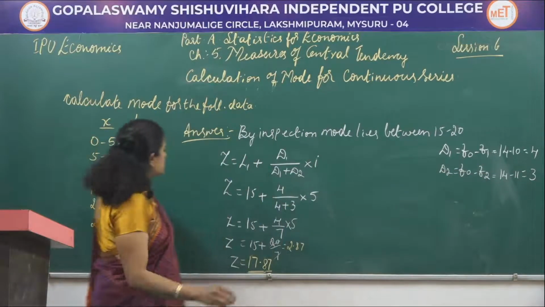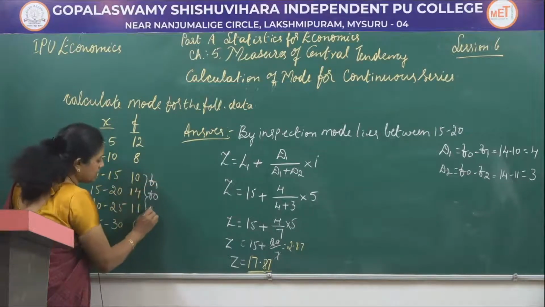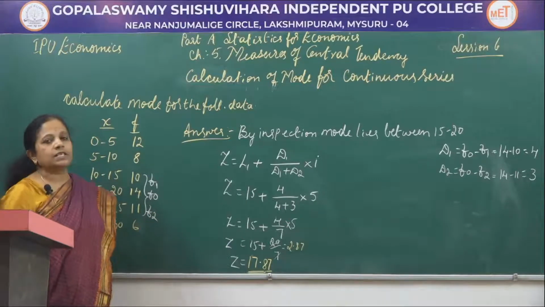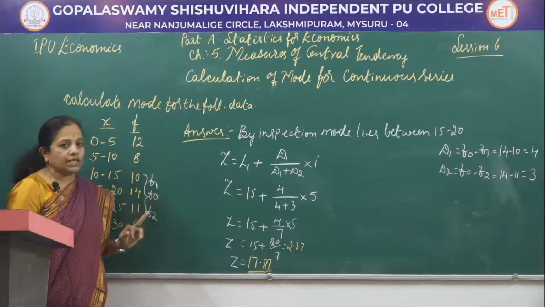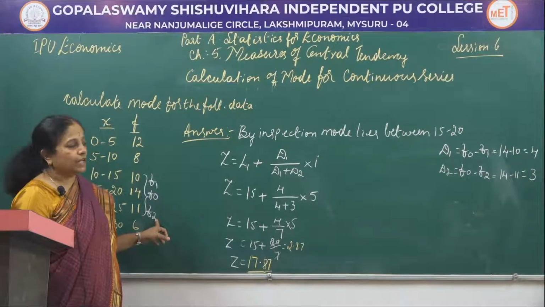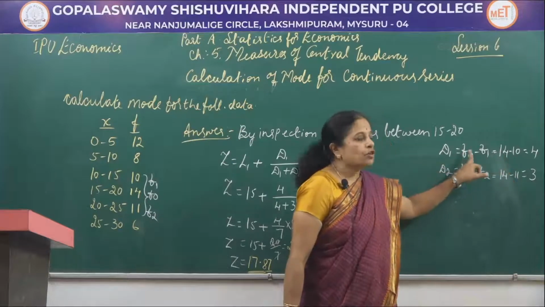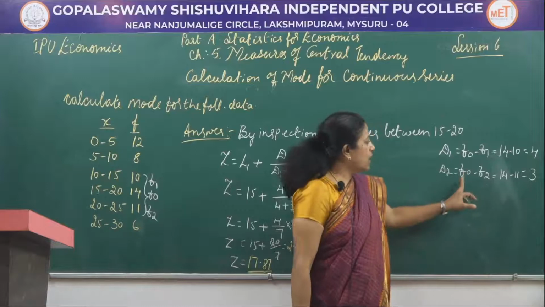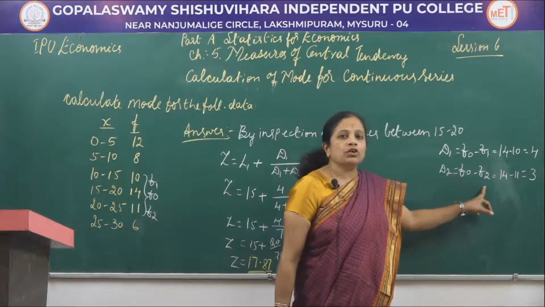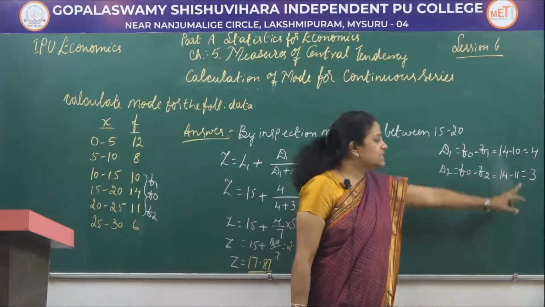So 14 is F0, 10 is F1 and 11 is F2. So 14 minus 10, that is F0 minus F1, is 4, and D2 is F0 minus F2, that is 14 minus 11, which is 3.